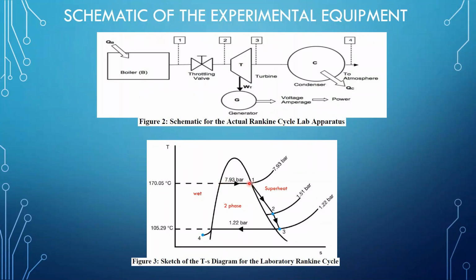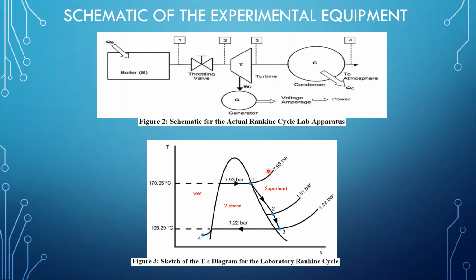Now this graph shows that the steam exiting the boiler at 1 is on the saturated vapor line. Now in actual plant applications, the steam exiting the boiler, as I previously mentioned, is usually in the superheated region. So as you do your research on the Rankine cycle, you would notice that the steam exiting the boiler is in the superheated region around here.